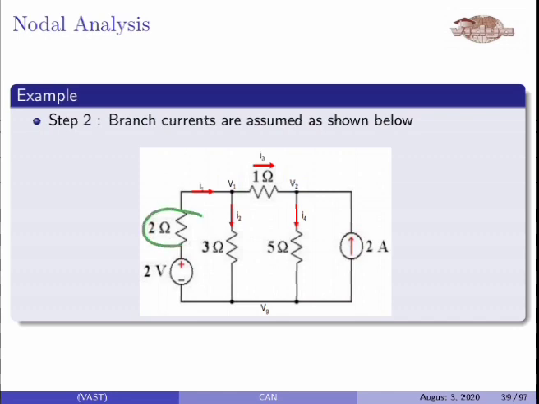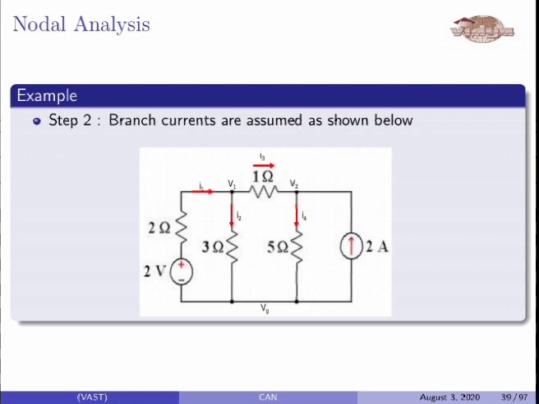At one end of the 2 ohm resistance the voltage is 2 volt, and at the other end the voltage is V1.